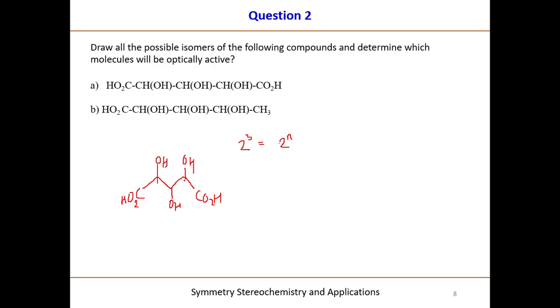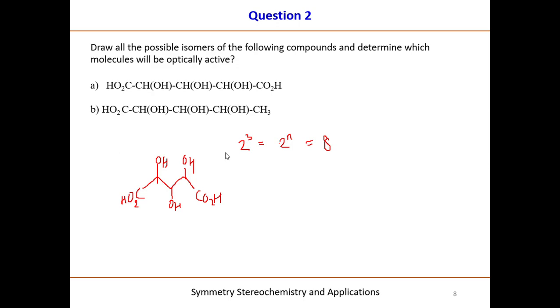So here there are 3 chiral centers. That means 2^n is equal to 2 cubed, which is equal to 8. That means there are 8 isomers possible for this molecule. We will discuss each in detail.